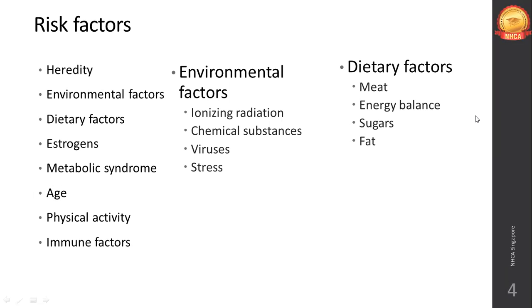Fat, too much animal fat in the diet. Protein, again, increased meat intake. If you source most of your protein from a non-vegetarian diet only, and do not include plant-based protein in your diet, that could lead to cancer. You should have a healthy combination of both.